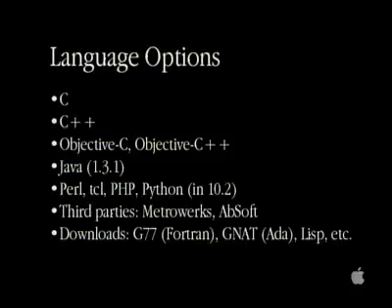We have Perl, Tcl, PHP, and in Jaguar, there'll also be Python. For 10.1, you'd have to download it. The third parties also have command line versions of their tools. There is a command line version of Metrowerks, and there's command lines for Absoft's Fortran. In addition, you can download G77, it's a Fortran compiler.